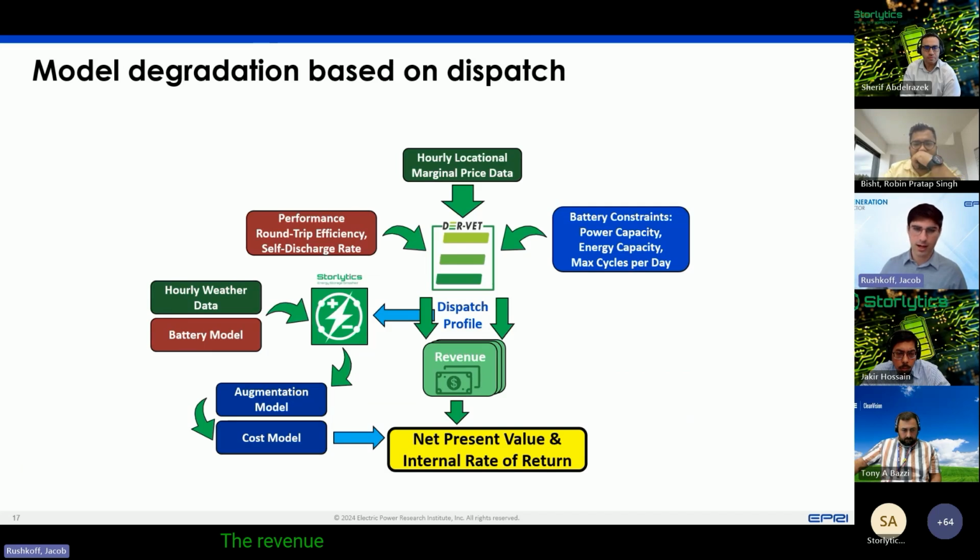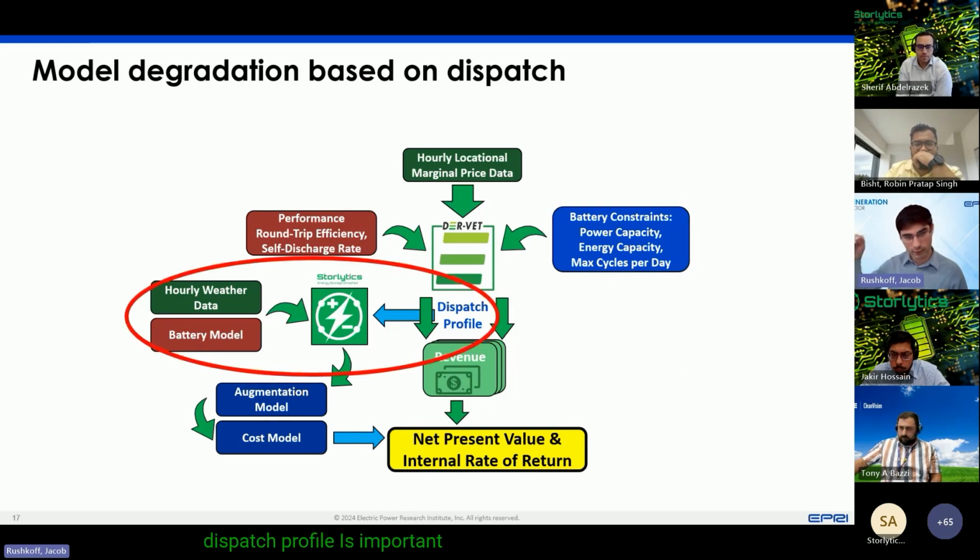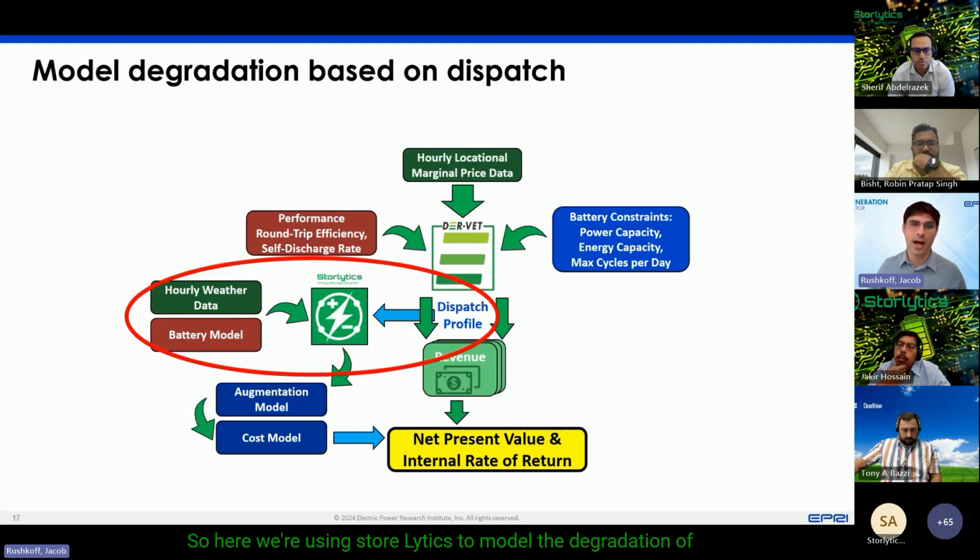The revenue, when we finally get to the last components like the net present value and internal rate of return calculations, and the dispatch profile is important as input to the Storlytics model. Here we're using Storlytics to model the degradation of the battery.